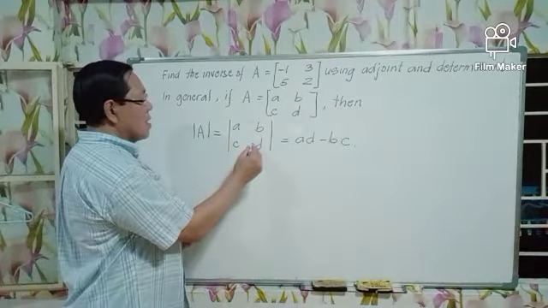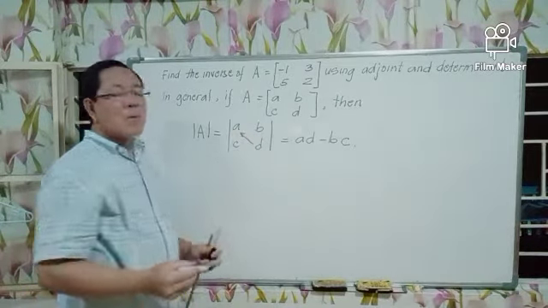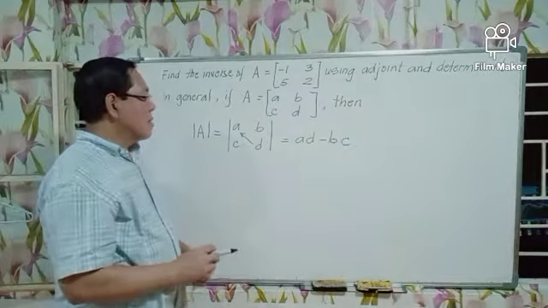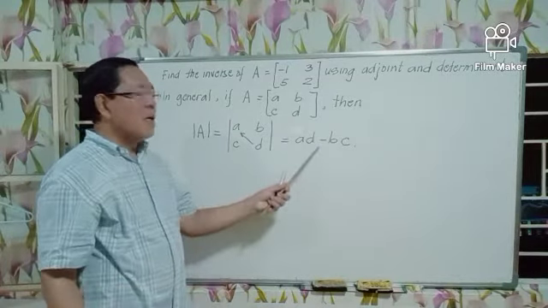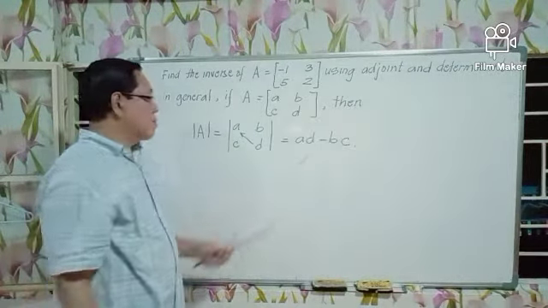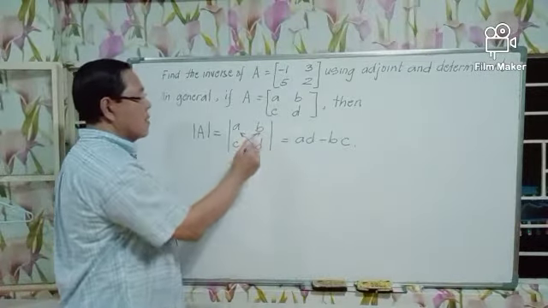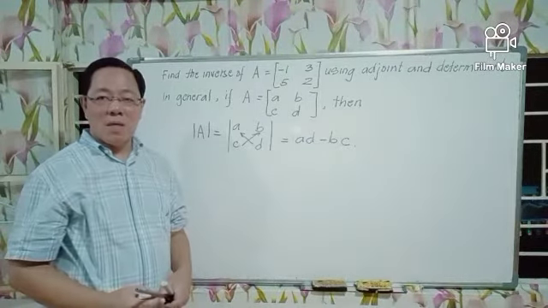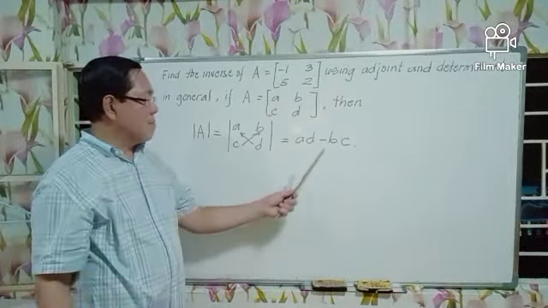You multiply d by a, we get ad minus, it's always minus, c multiplied by b, or bc.